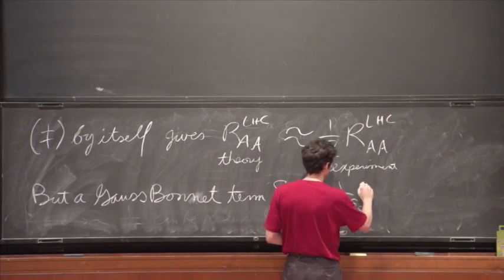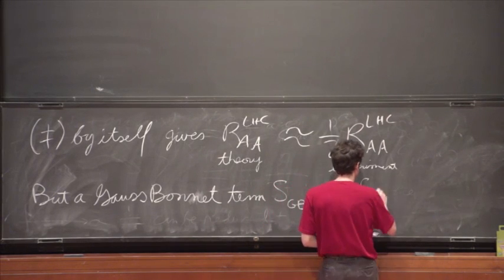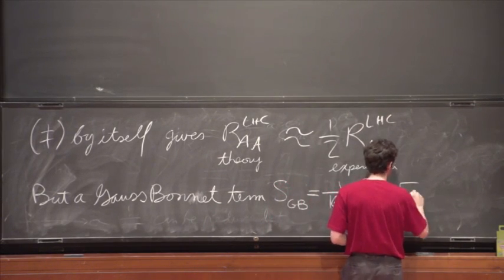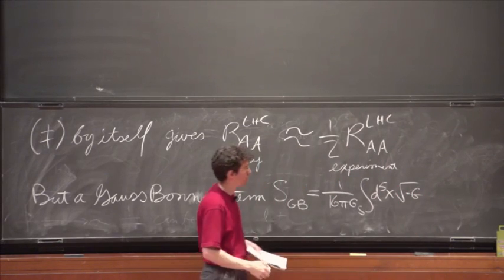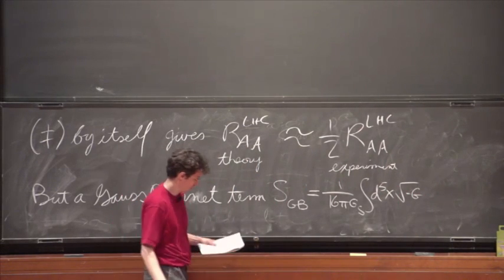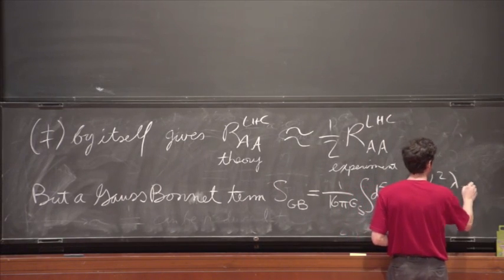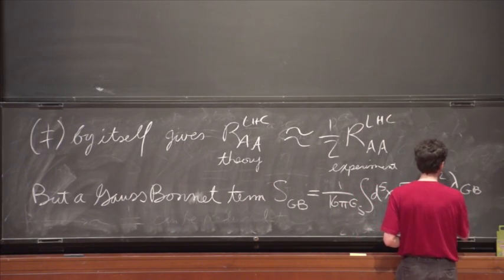When I say everything, what do I mean? Well, first of all, this Gauss-Bonnet term, it looks a little complicated, but its main role for us is that it's going to modify the AdS-Schwarzschild geometry in which the strings propagate.